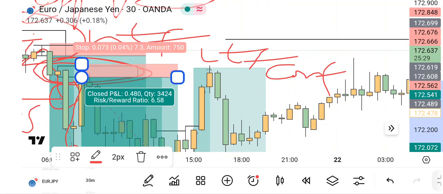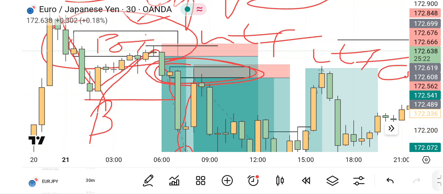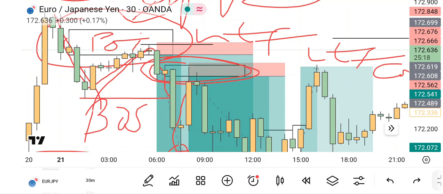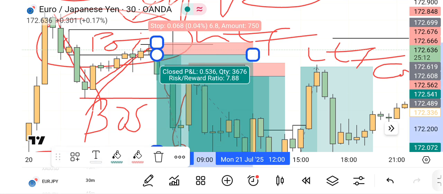Let me just make it clear a bit. Since we've understood this one, all these lines, let me just clean it.